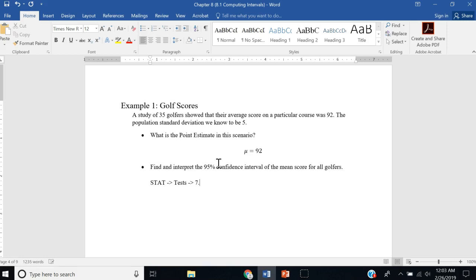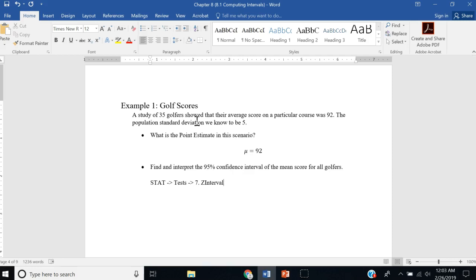So we go to number 7, which is the z interval. Now the reason we're using a z interval is because I know the population standard deviation. If I only had the sample standard deviation, I use the t.